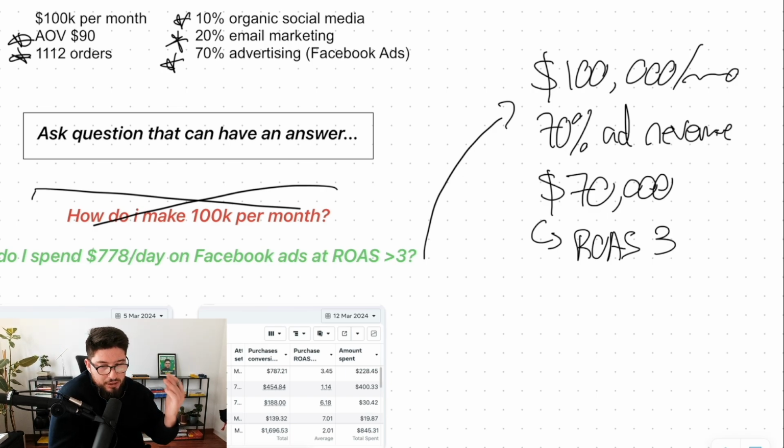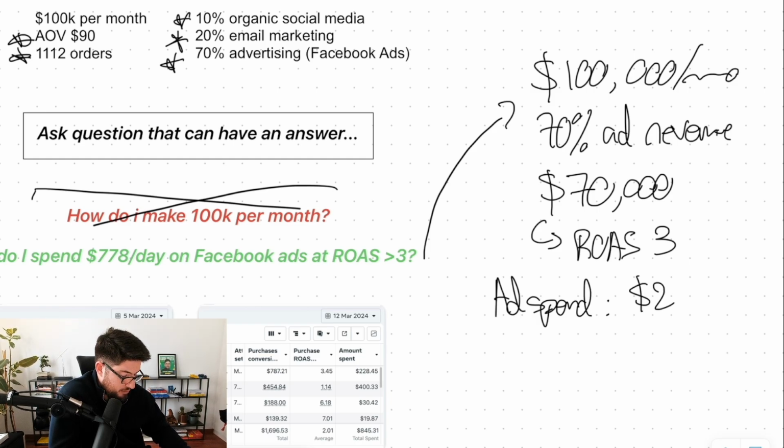This, of course, will depend on the case. It's just an example. ROAS of 3. At a ROAS of 3, we have that the monthly ad spend to get to 100K is going to be approximately $23,333. And this, if we make it into daily, it's $778 per day.